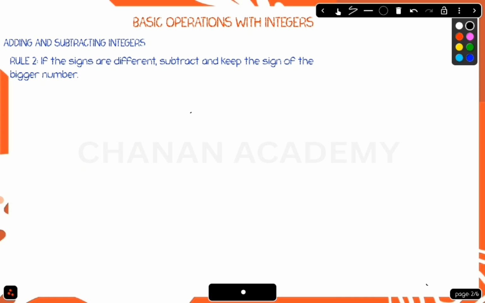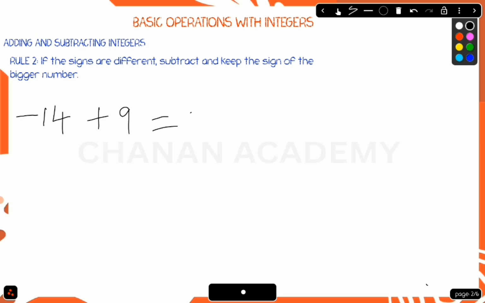Rule 2 says if the signs are different, subtract and keep the sign of the bigger number. Let's take an example. -14 + 9. So what will be the answer?